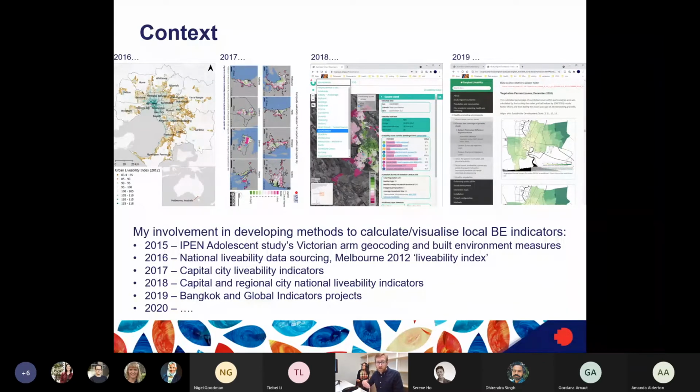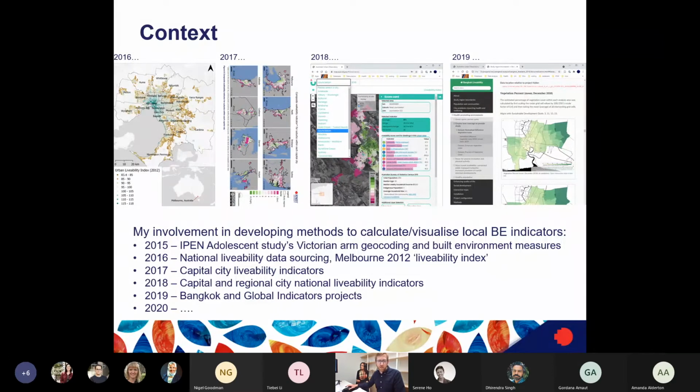My involvement with this program of work actually did start with the IPEN Adolescent study. I did the geocoding and built environment measures for the Victorian arm of that study. In 2016, I was involved in work with our colleagues in this group, Hannah and Billie and others, sourcing data for a national livability project, and I developed methods for creating an address-level livability index.